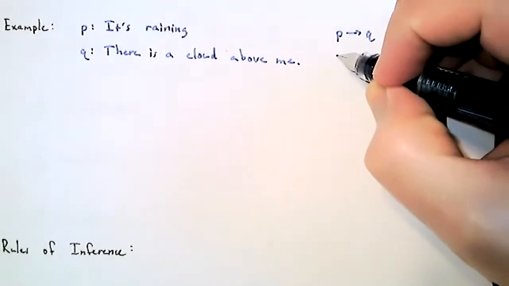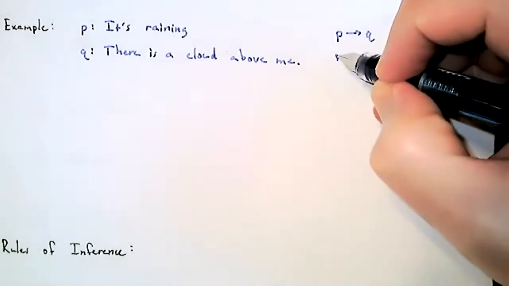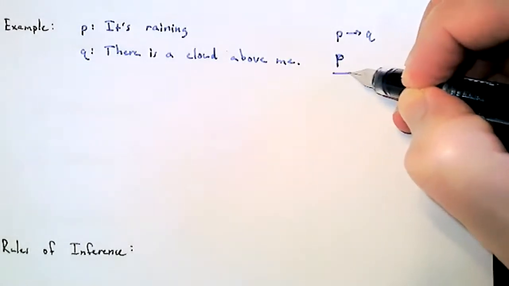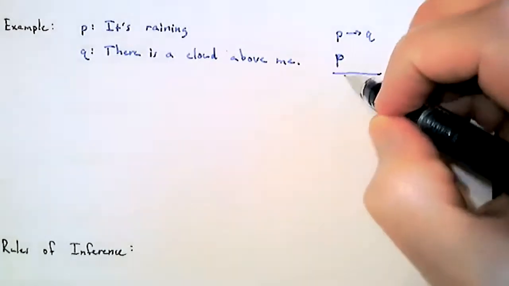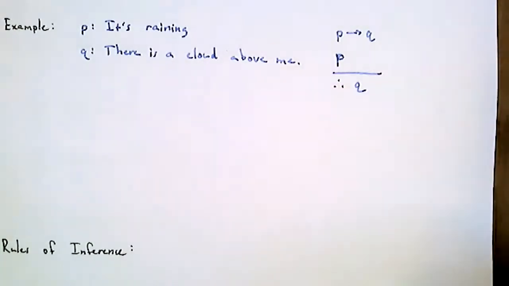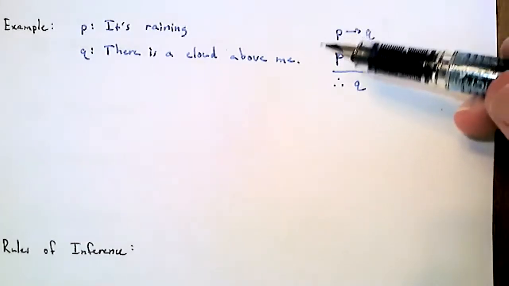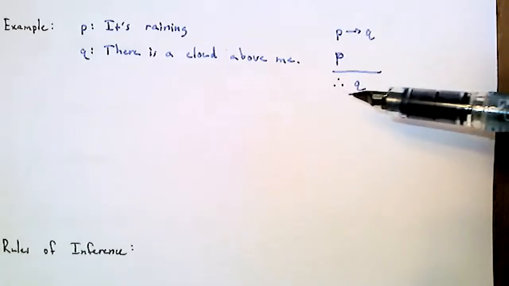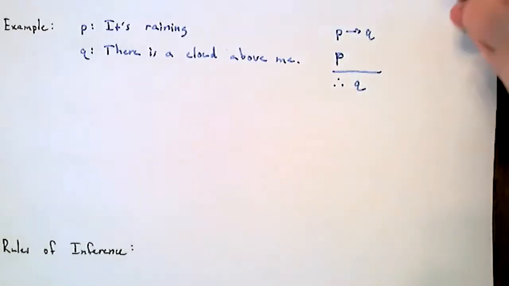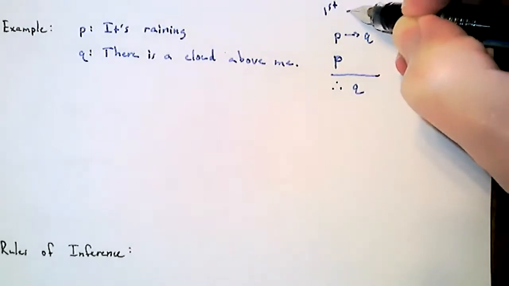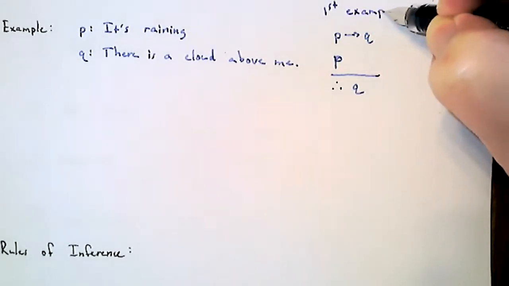So I would, on my next line, write P. There we go. And then the conclusion is that Q must be true, that there's a cloud above me. So this original argument, the example, actually looks like this if you use symbols. So this is the first example in symbolic form.